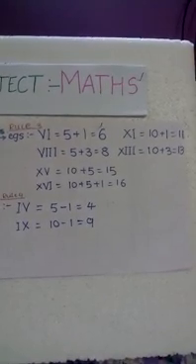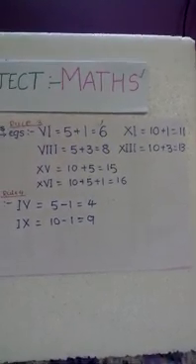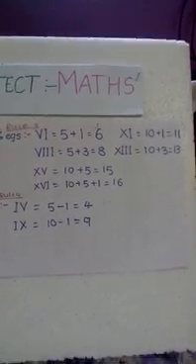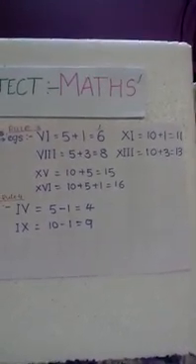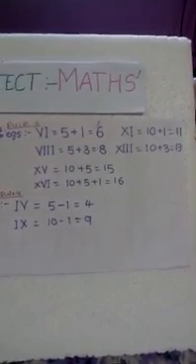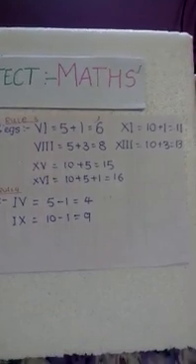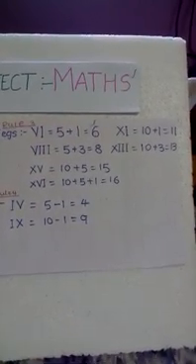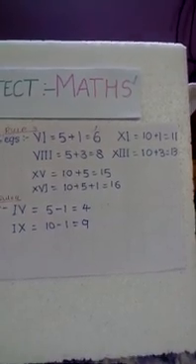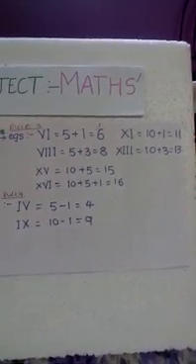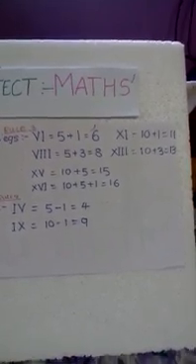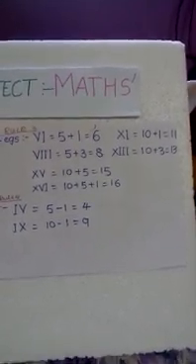In the next example, you can see V is written on the right hand of X, that is 10 plus 5 is equal to 15. In the next example, you can see X, V and I, that is equal to 10 plus 5 plus 1 is equal to 16, and so on.